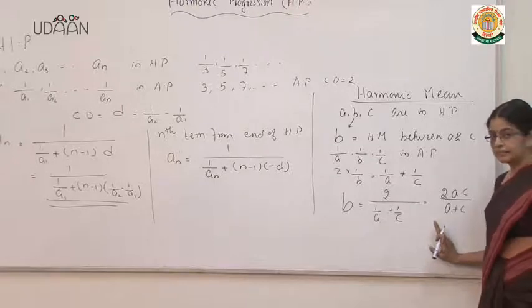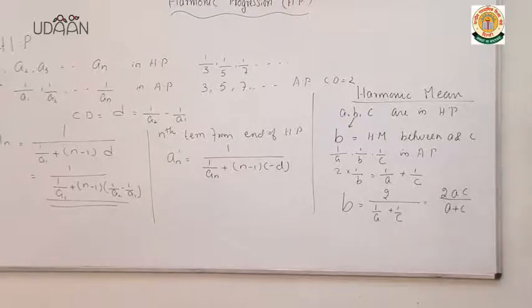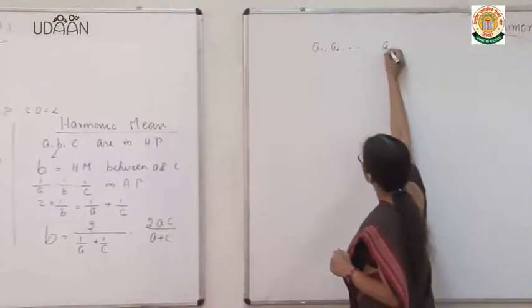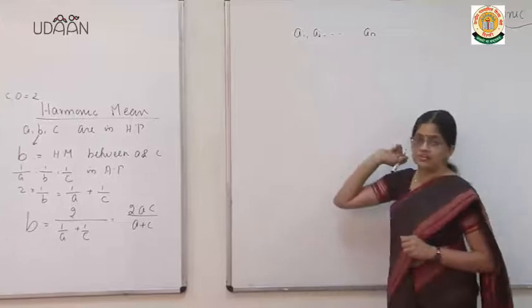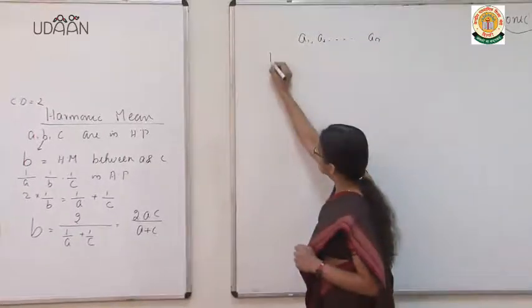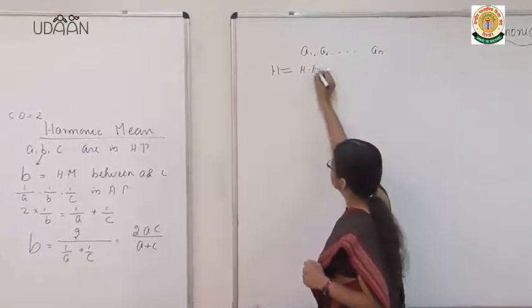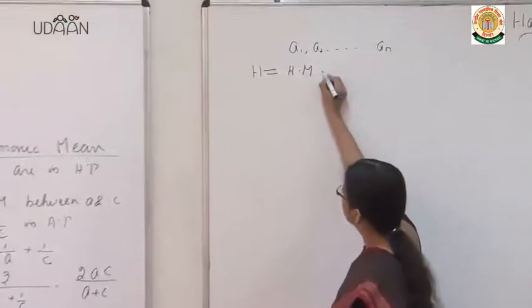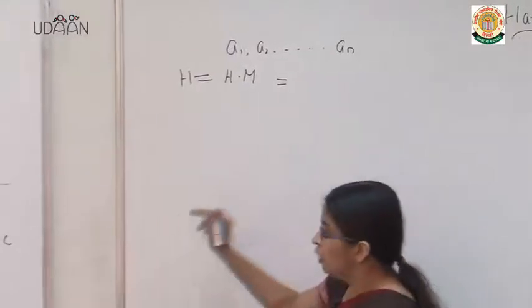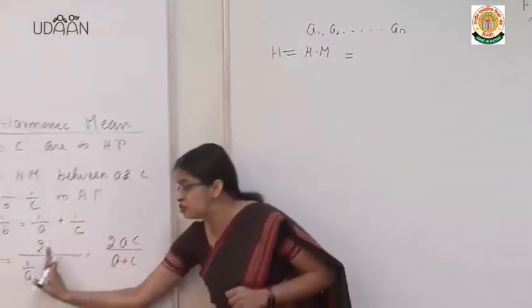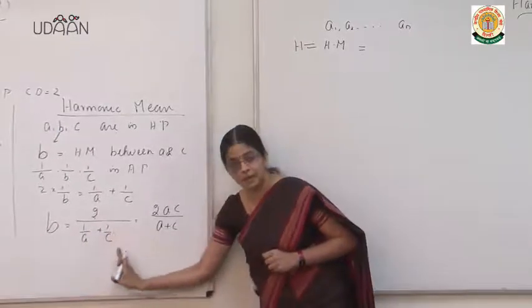Is that clear? Now, suppose you are given A1, A2, A3, etc., An positive terms, and let H be the harmonic mean between these numbers. The harmonic mean of two numbers is given by 2 divided by (1 by A plus 1 by C).